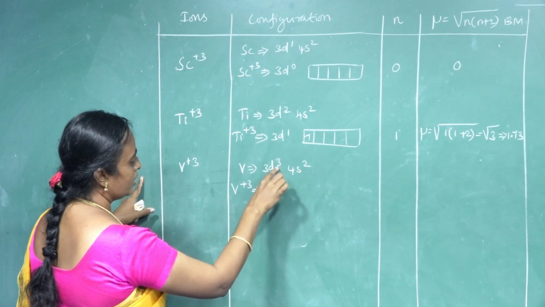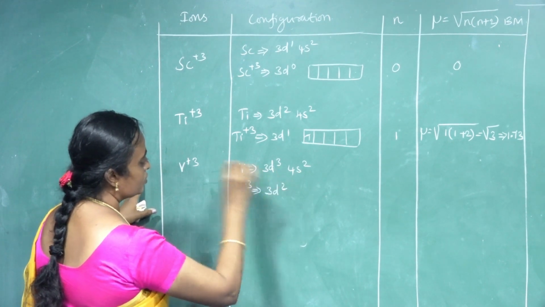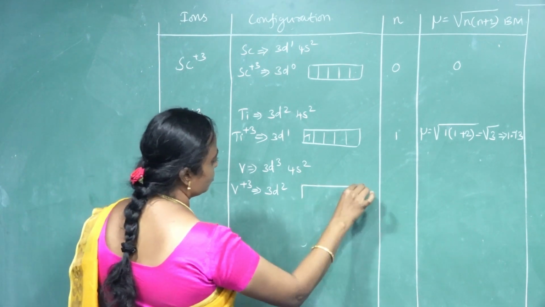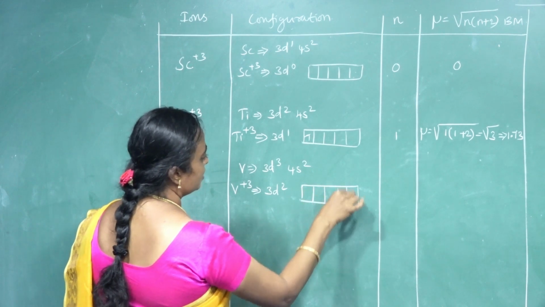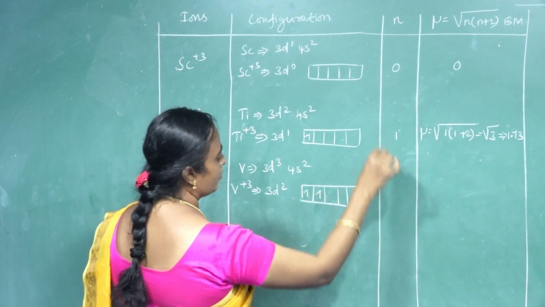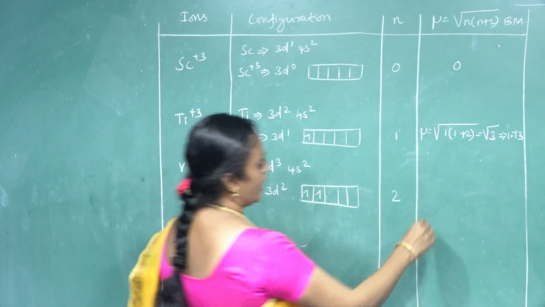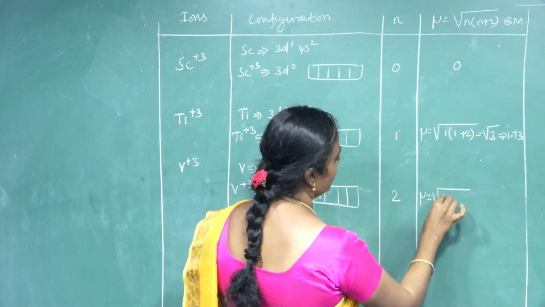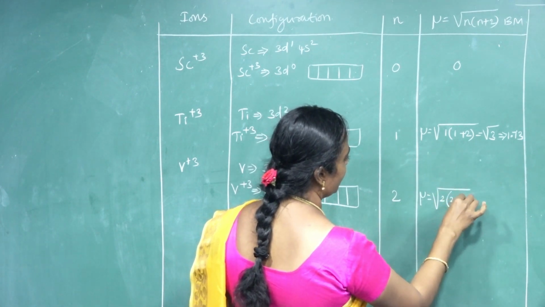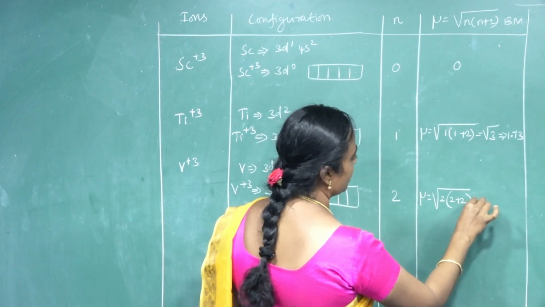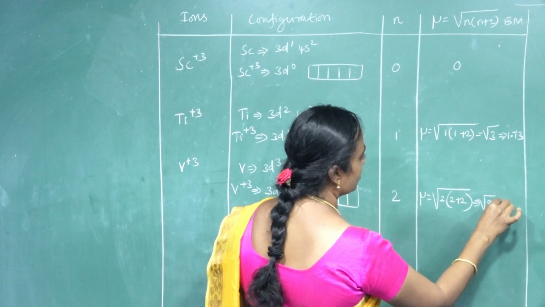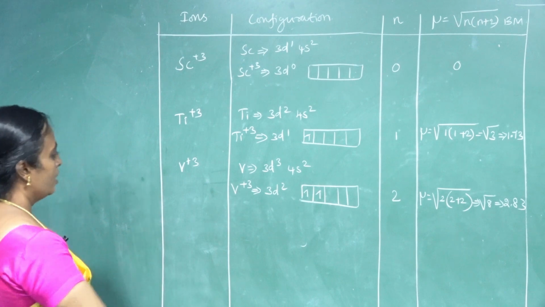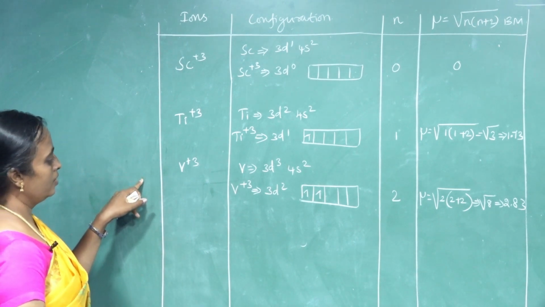Only 2 electrons, so the number of unpaired electrons is 2. The magnetic moment mu is root of 2 into 2 plus 2, which is root 8. The value is 2.83 magnetic moment.